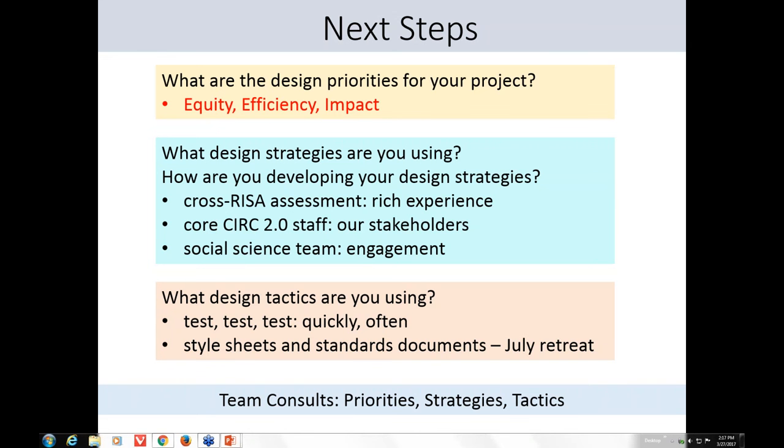Mm-hmm. And so just having a conversation, this is where I think the team consults come in, not looking at, say, a web interface testing kind of consult, but just a basic discussion about what the priorities were for your tools, what strategies you are using, what you are doing now, where you see your tool going.